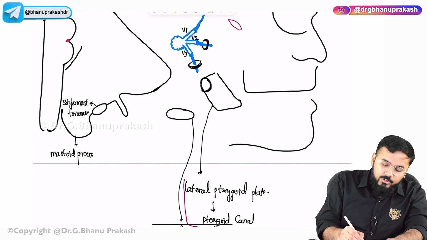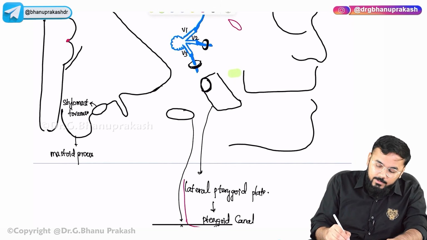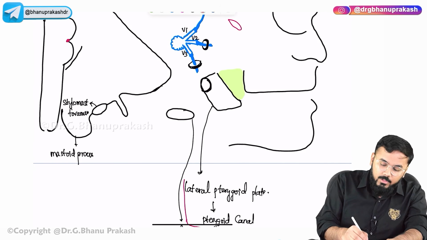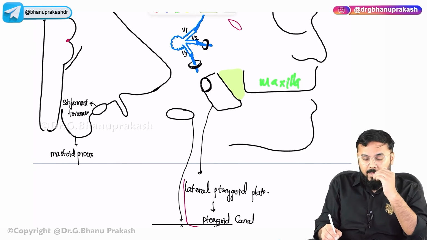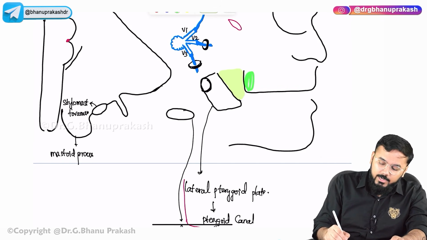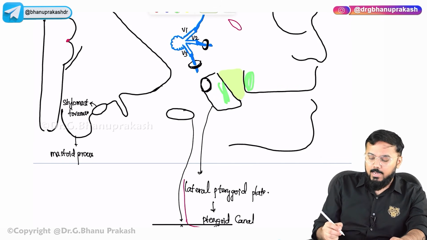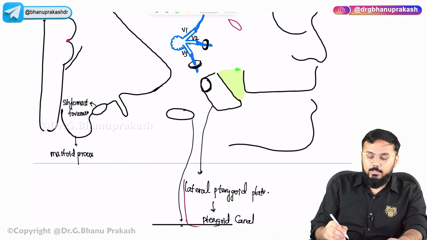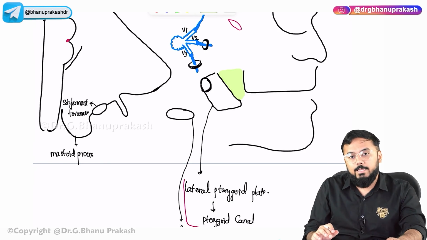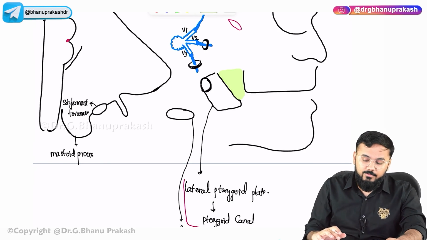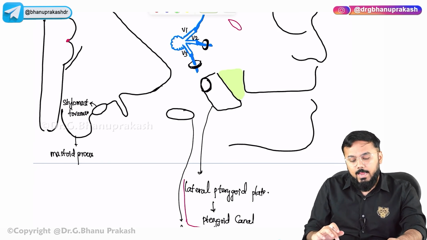Now this gap which I am showing you, between the posterior side of the maxilla, all of you know this is your maxilla, yes or no? Right, the posterior region of the maxilla and the lateral plate of the pterygoid, you see this fissure. What is this fossa? Pterygopalatine fossa. Okay, the fissure here is the pterygopalatine fissure, and this is your pterygopalatine fossa.